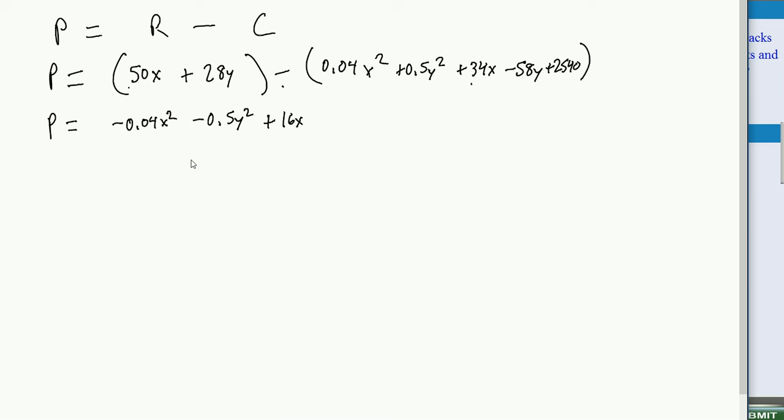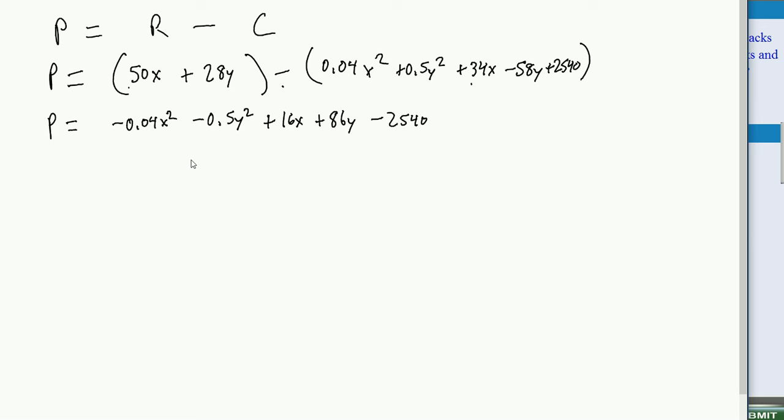Then let's do our y's. 28y minus negative 58y, so that's 28y plus 58y, which is 86y. And then don't forget you still have that constant, so minus 2540. So just combine like terms there.